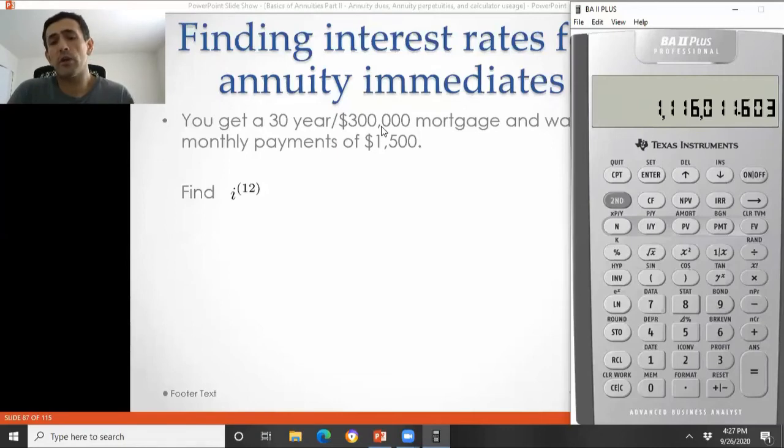Future value is saying, if 300,000 accrues 360 months of interest, then we should get this $1,011,611.60. So let's store this in the two spot, and let's just check.